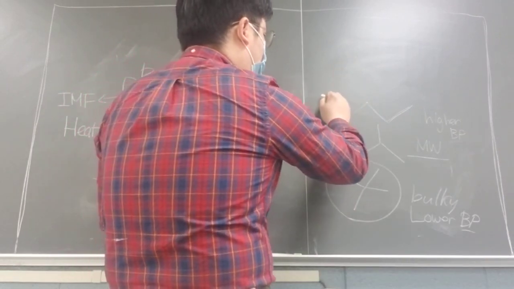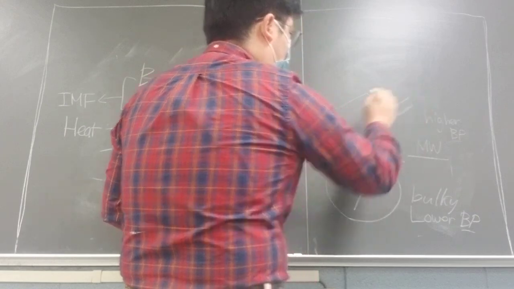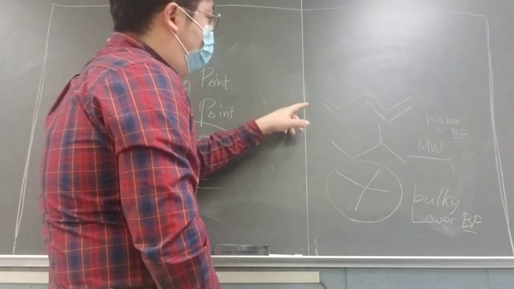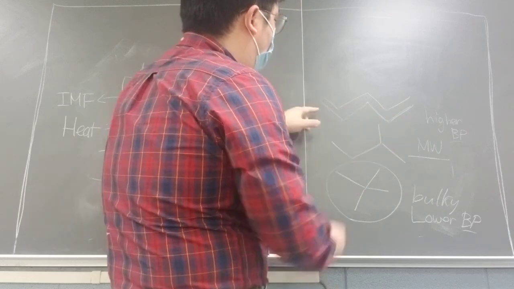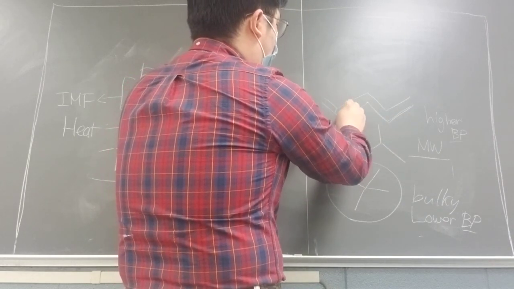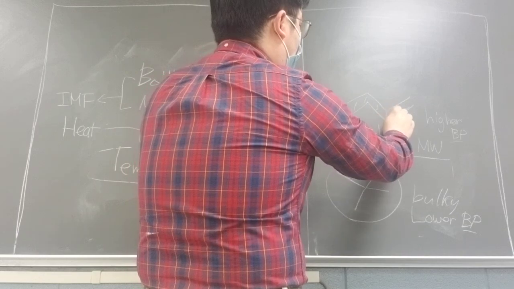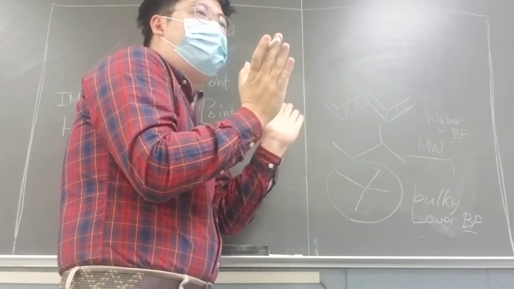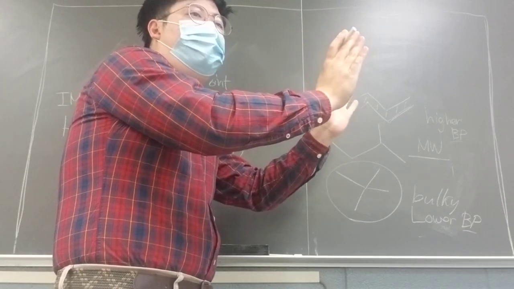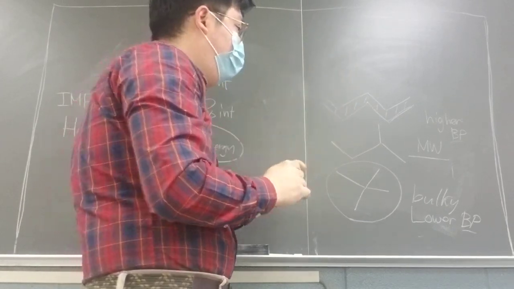So let's try to put another one here on the top. Then as you can see, most of the parts of the compounds are interacting with another molecule in this one. So it has more room to interact well with another same molecule, right?